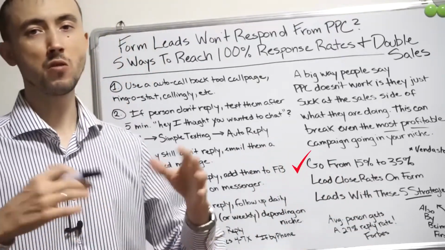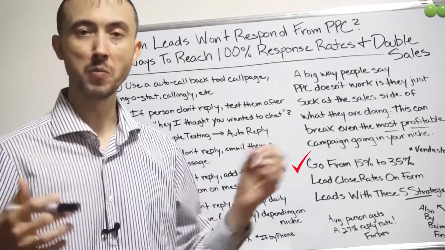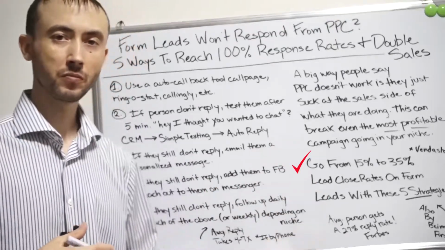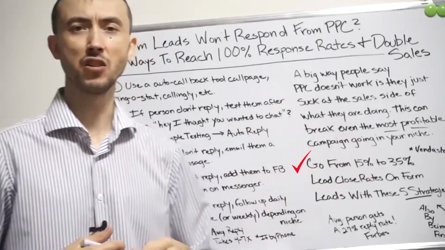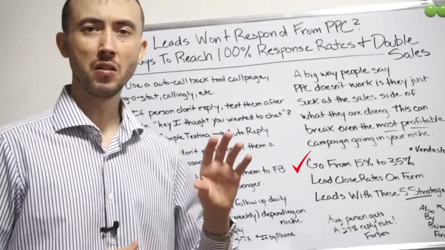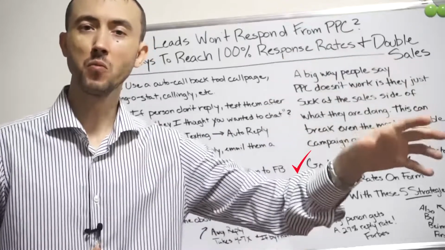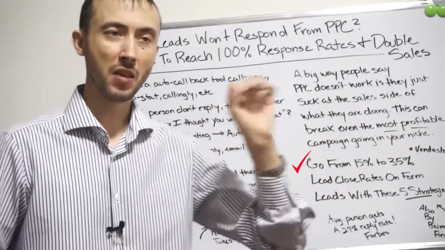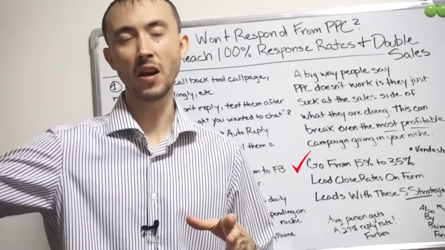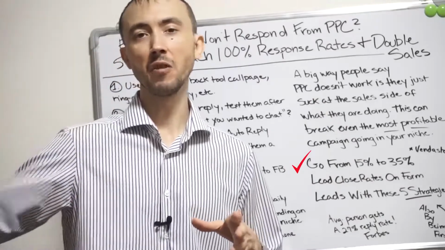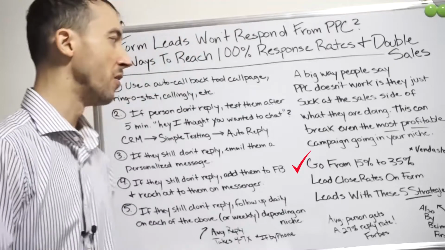So you'll be able to increase your sales volume from the same exact form leads by speaking to more people, but you're also going to get more of that person's attention, and they're going to be more often willing to go with you because they got a good first impression from you. Therefore, if somebody else had a good pitch, they're not going to give it as much weight later on as well.